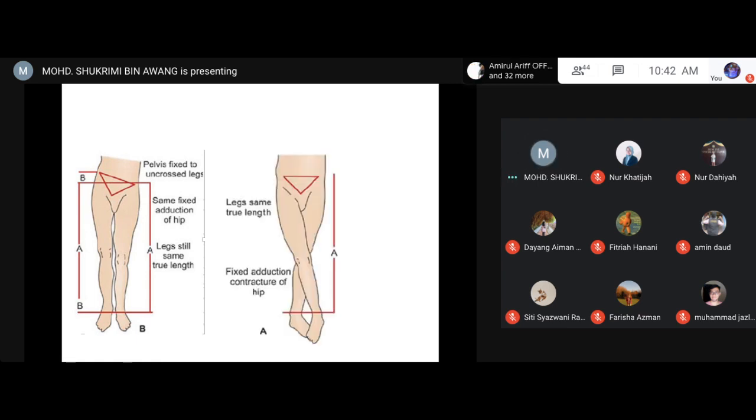So what you need to do is adduct, so basically you need to cross the leg. When you cross the leg, the pelvis will become square. You need to do this first, and then make sure the pelvis is at the same level before you start to measure. So understand?